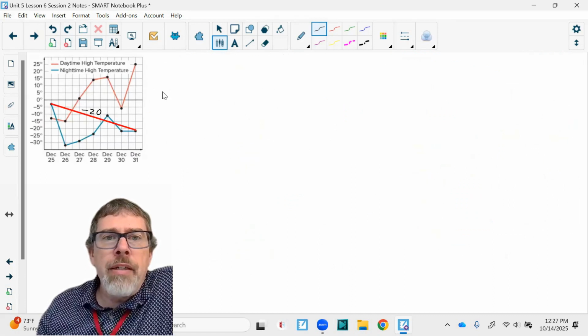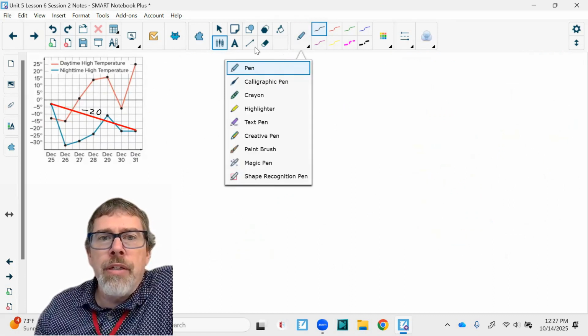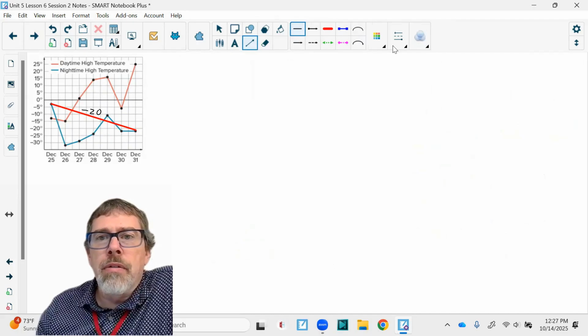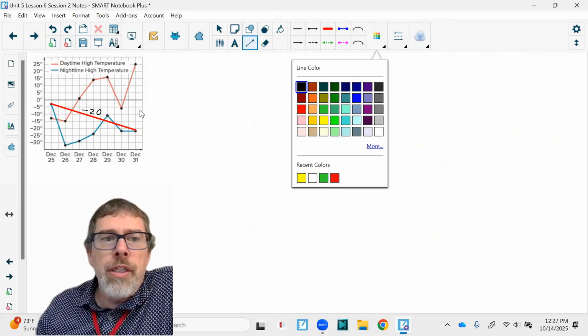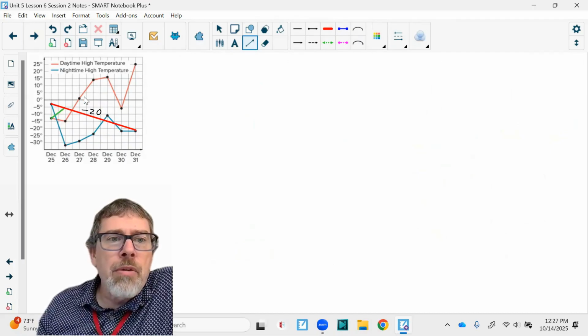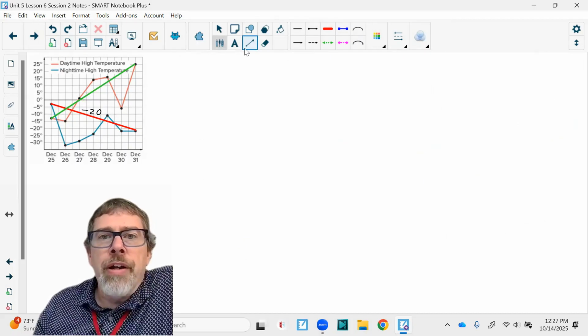So if I go back to here, what they're asking for now is, let me get a straight line, and let's change it to green. What they're saying is at the beginning of the week, it was here, and at the end of the week, the temperature rose all the way up to there, and we need to find out how much it went up.